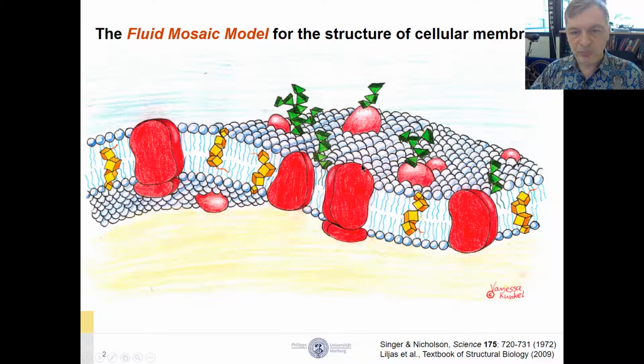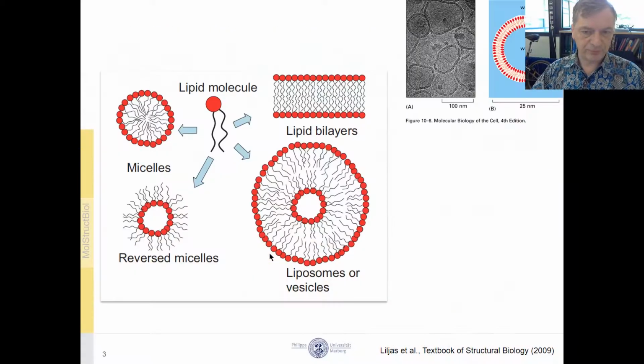They are touched by some peripheral membrane proteins, here shown like this one maybe. There are also some modified membrane proteins, and there are also a lot of other modifications. So that is the standard view as we have it for membranes.